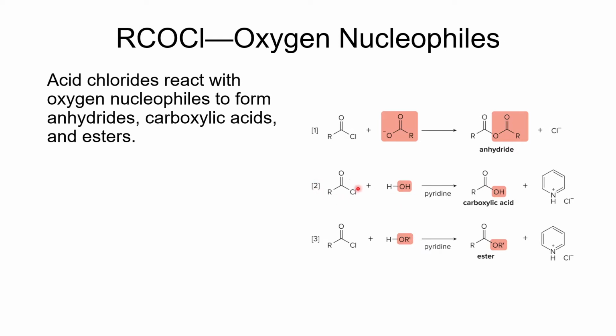If we react the acid chloride with water, we can get carboxylic acid plus HCl. This is where it comes into play that we would use pyridine. And if we use the alcohol with an acid chloride, we'll get an ester, again with pyridine to soak up or neutralize that HCl.